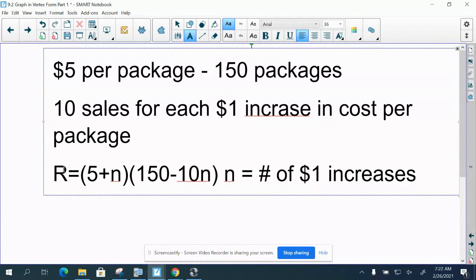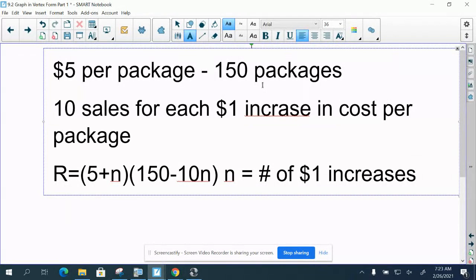So revenue in this case is going to be, so it says 150 minus 10n. That's because you start with 150 packages and it says 10 sales for each $1 increase in package. So if you've got $5 per package, that makes 150 packages.